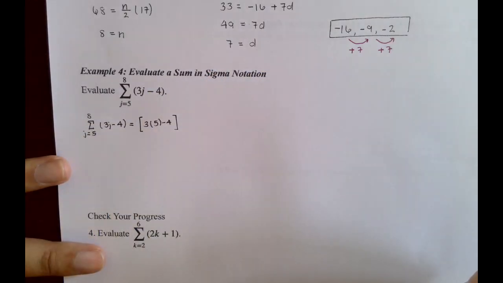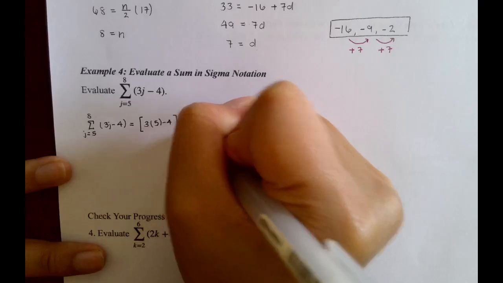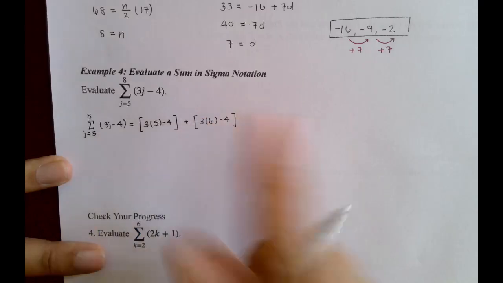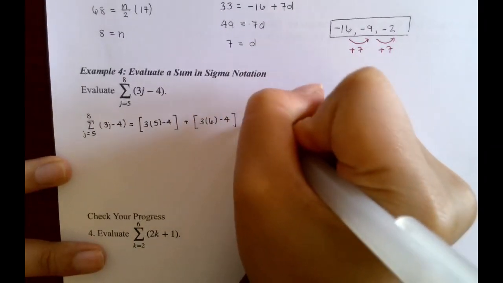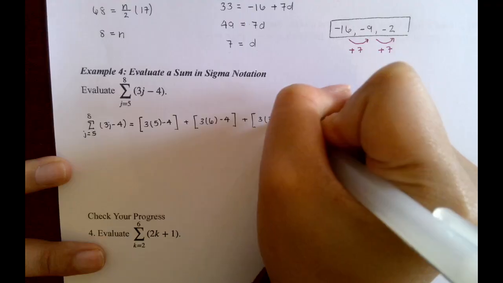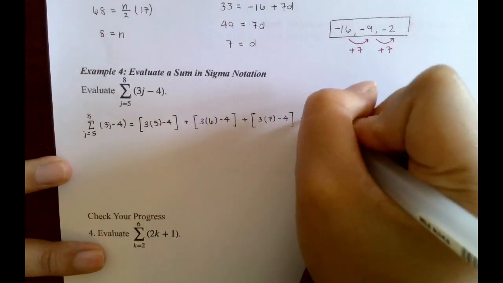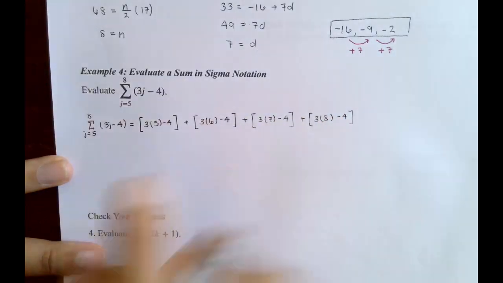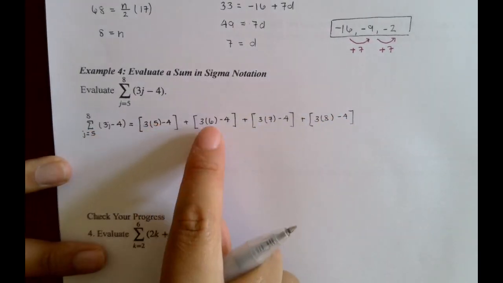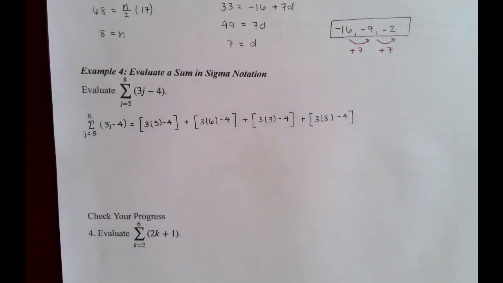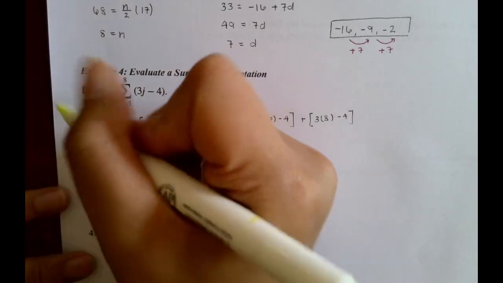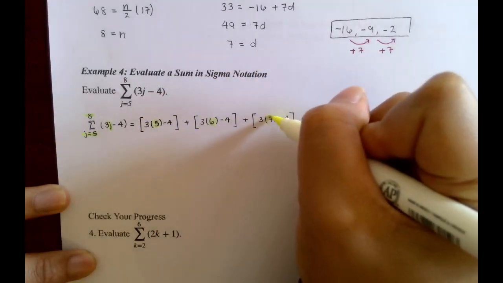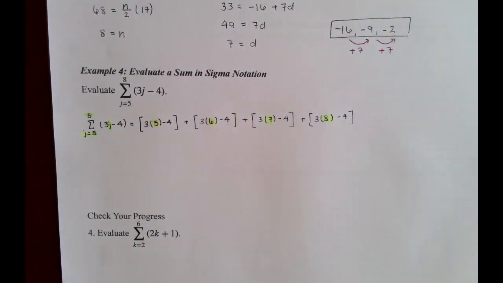So that's the 5th term, plus 3 times 6 minus 4, plus 3 times 7 minus 4, plus 3 times 8 minus 4. It goes from 5th to 8th: 5, 6, 7, 8. All I did is take j from 5 to 8 and plug it in here, and now I just simplify.